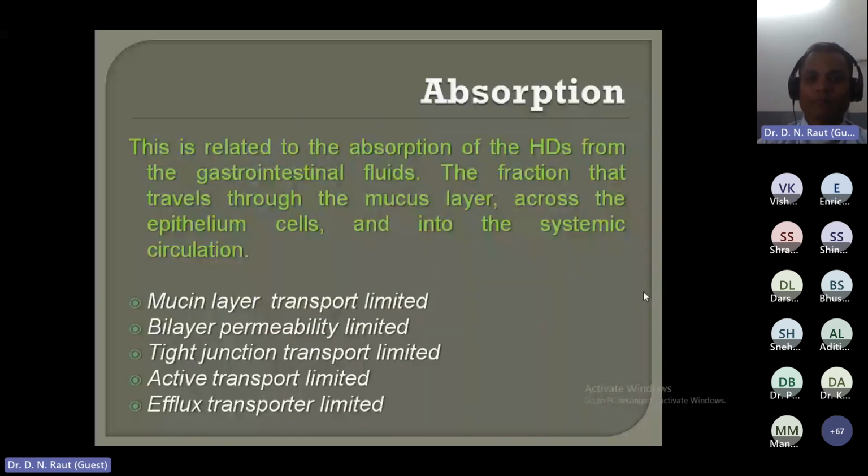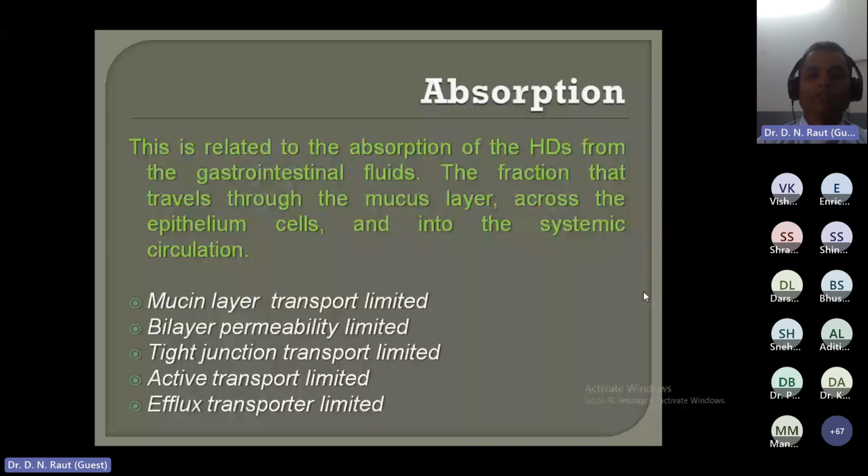In case of absorption, most of the drugs, like allopathic drugs and herbal drugs, from the GI fluid, the fraction that travels through the mucous membrane across the epithelial cell and into the systemic circulation faces limitation factors.